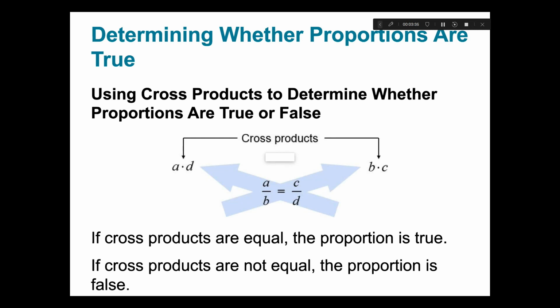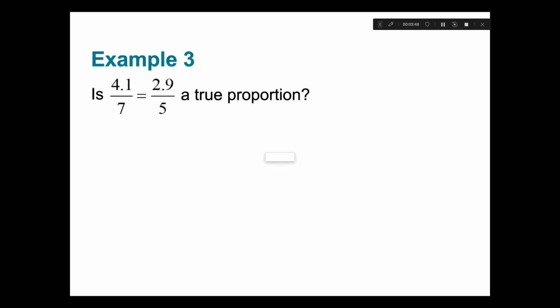A way that we can determine whether a proportion is true is by cross multiplication. We've done this before, so this should be simple, right? Bottom times this top should equal bottom times this top. So we can tell if this is true or not by multiplying.